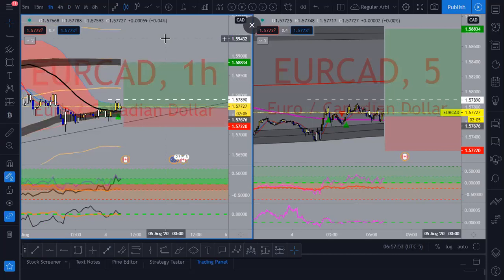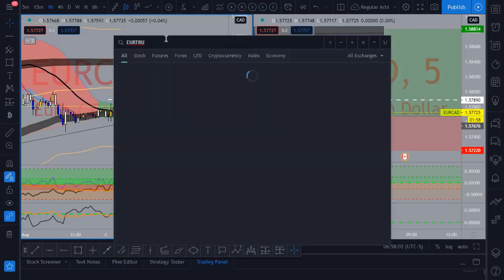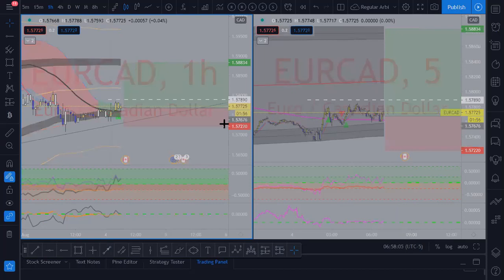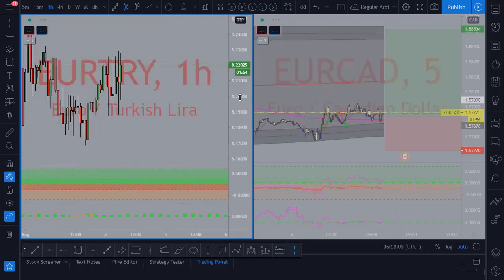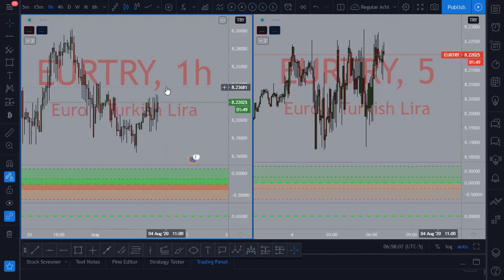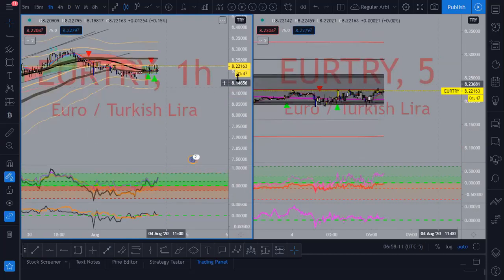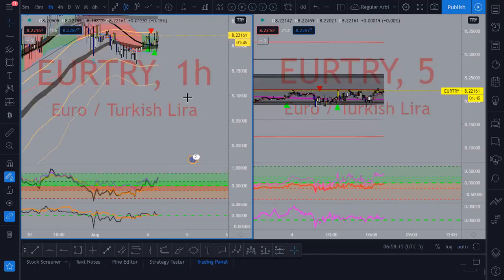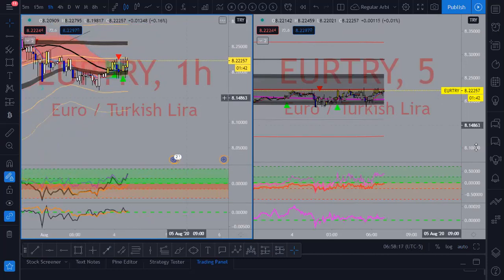All right. I'm gonna go ahead and go on to EURTRY. Again, I'm not even crazy over trading exotics that aren't US dollar. But let's see how this is. Oh man, this gave a lot of different signals, and it's kind of already made its move.